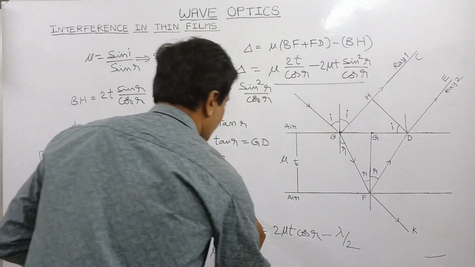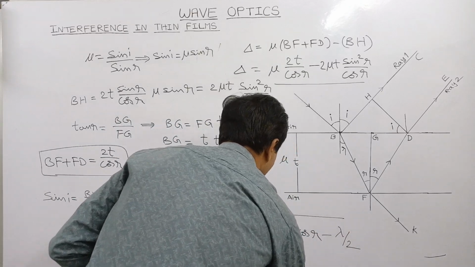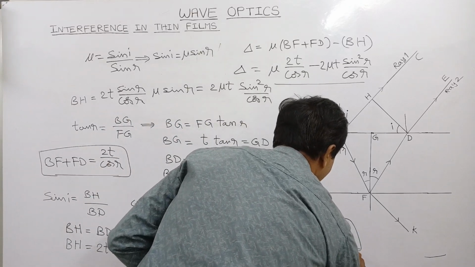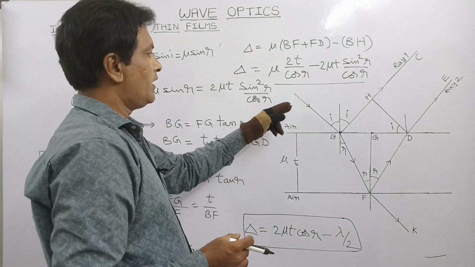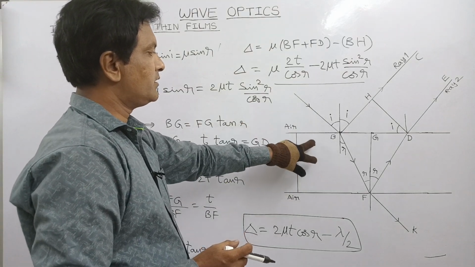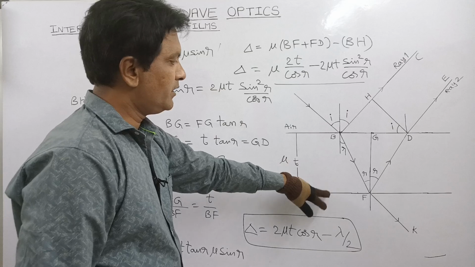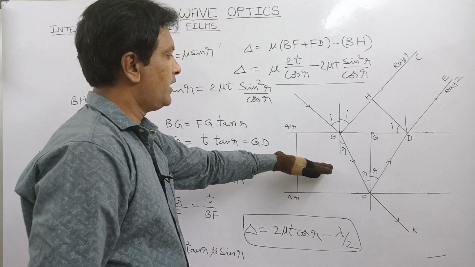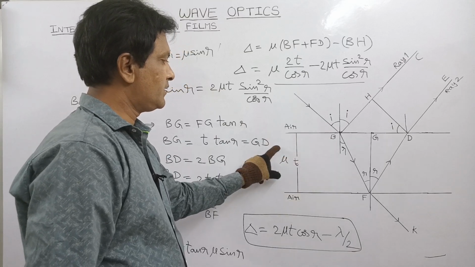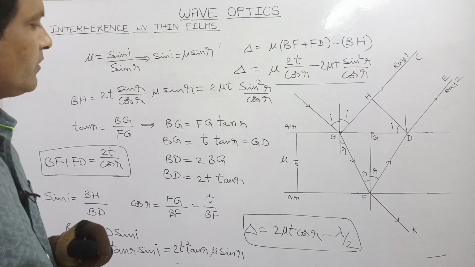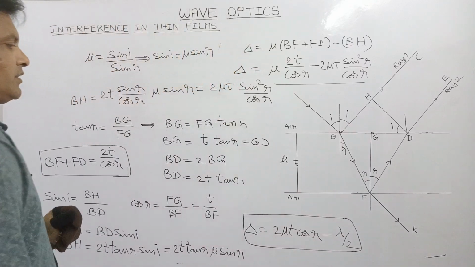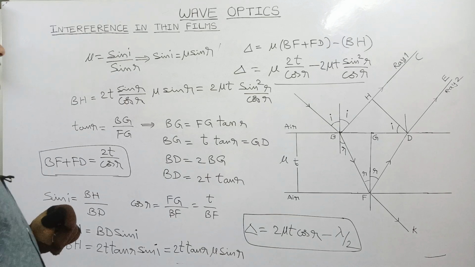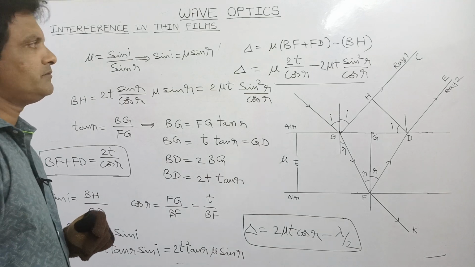This is the exact optical path difference when a light ray is passing through a thin film bounded by two boundaries, with a thickness of t. With this optical path difference condition, we can arrive at maxima and minima.